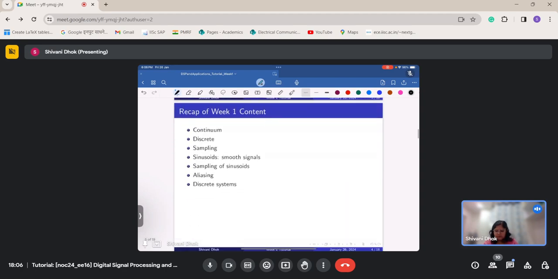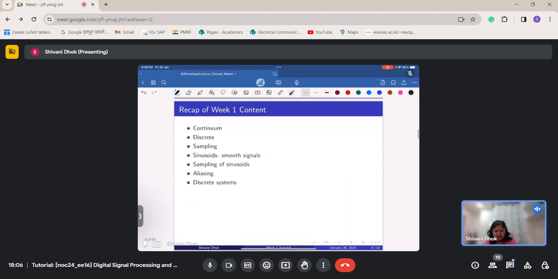So week 1 was a lot like a recap, or rather an introduction kind of thing, where some basic terminologies were introduced, which include continuum, discrete, sampling, sinusoids, sampling of sinusoids, aliasing, discrete system, etc. So the very first concept that was introduced was this continuum. And what does this continuum say?